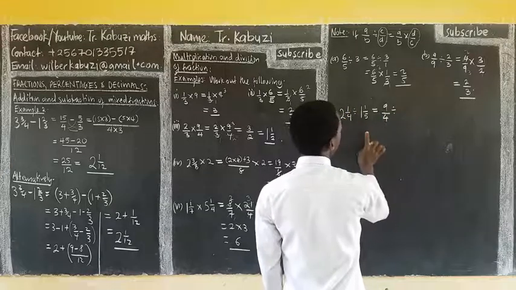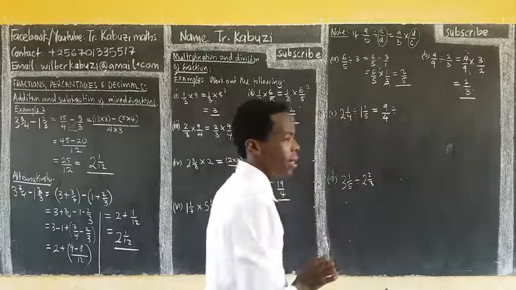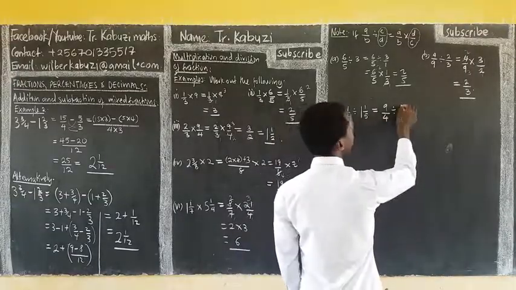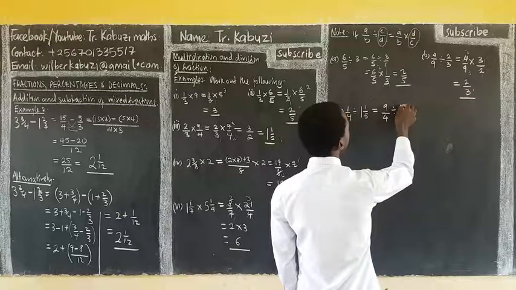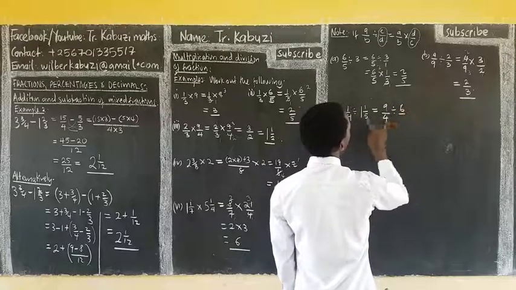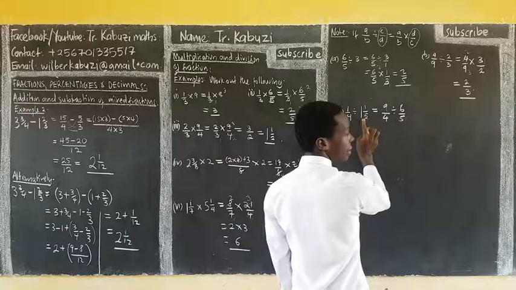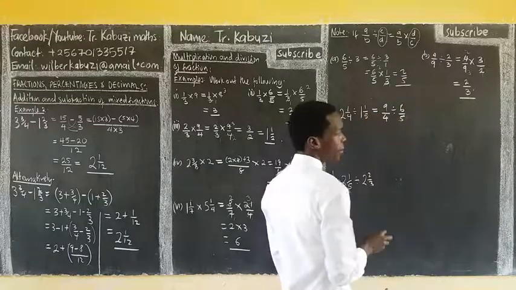Divide by 5 times 1 plus 1, which is 6 over 5. Because 5 times 1 is 5, plus 1, which is 6.